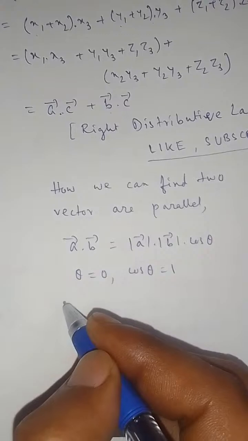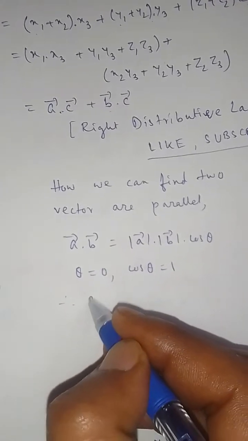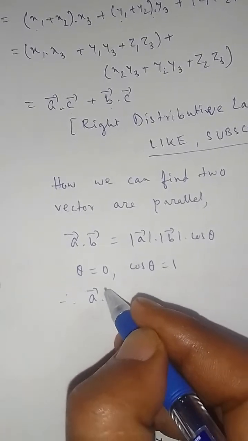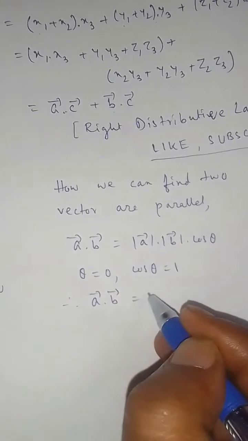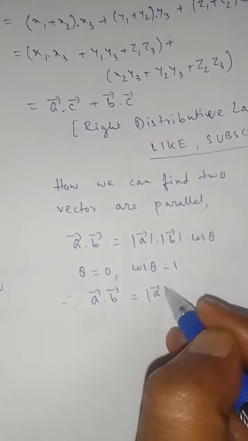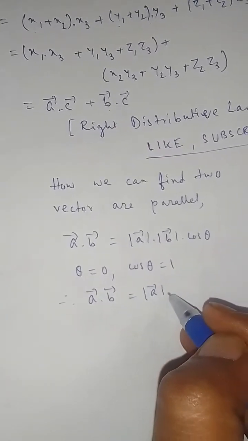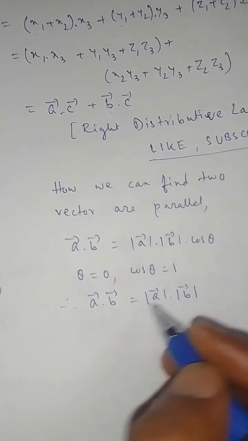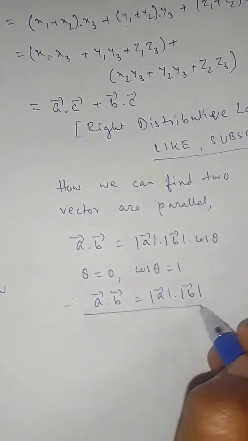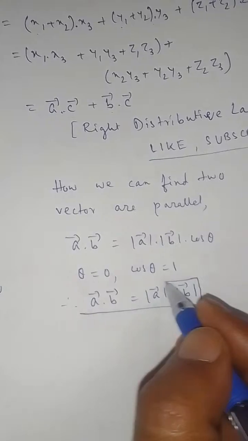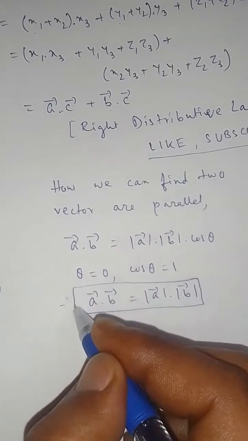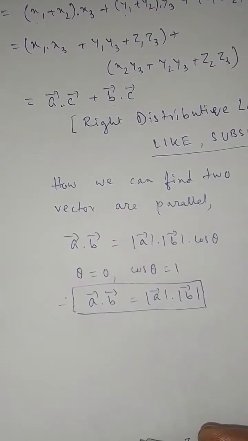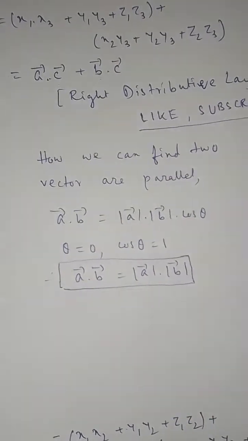So then we have a vector dot b vector is equal to mod of a vector into mod of b vector. So this is the condition required to prove that two vectors are parallel. And I earlier proved how two vectors are perpendicular to each other.